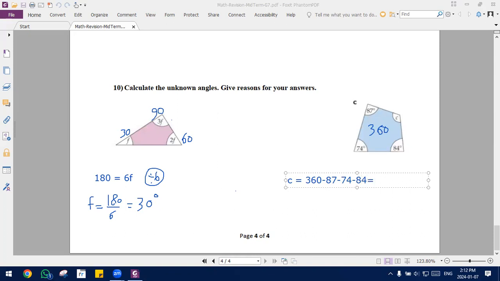Or you can just say 360 minus, put in a bracket, 87 plus 74 plus 84. So you subtract the total of the other three angles. The answer is 115 degrees. So don't forget to put the units for all of them.